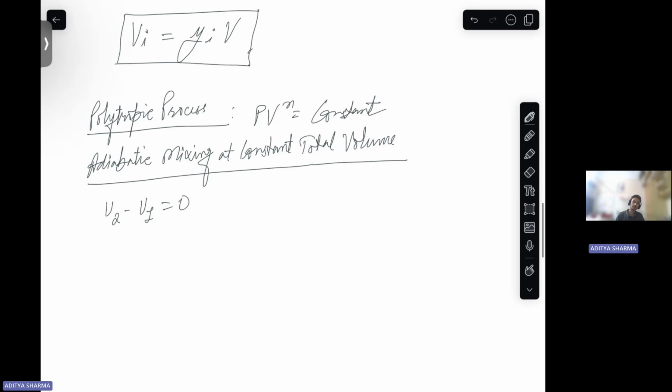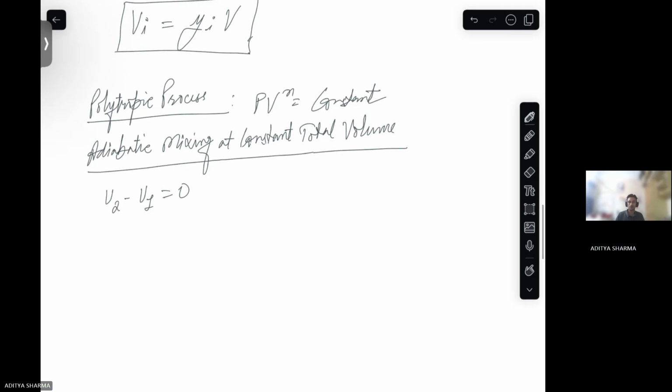And at last, the discussion is on the entropy balance for a closed system. Okay. So entropy balance: S2 minus S1 equals to. So you must be remembering that this Q is for your heat transfer across the boundaries, right?